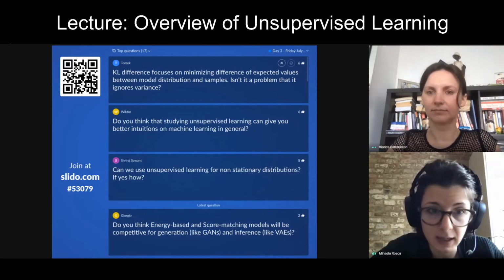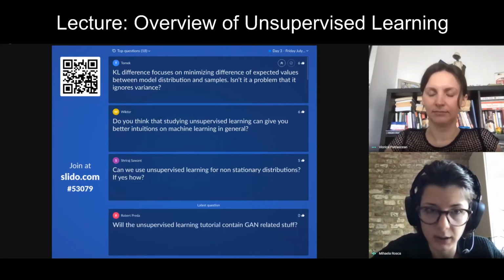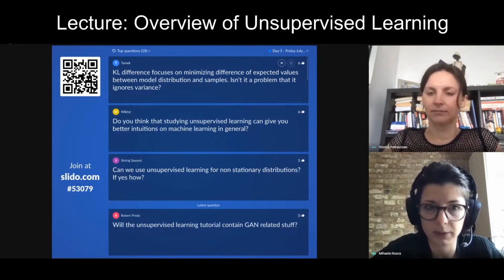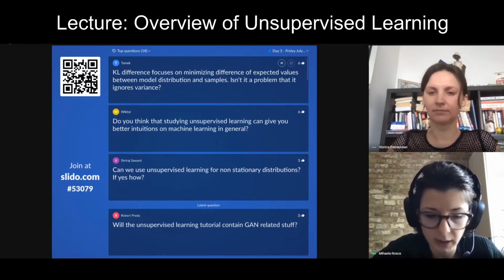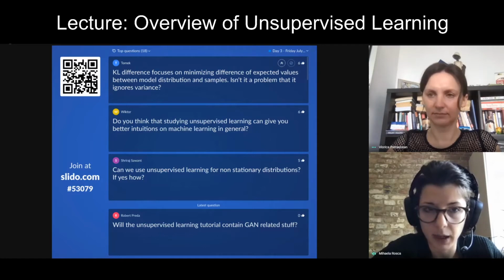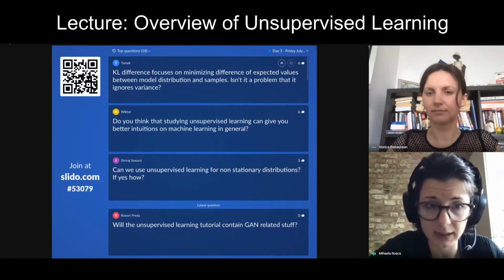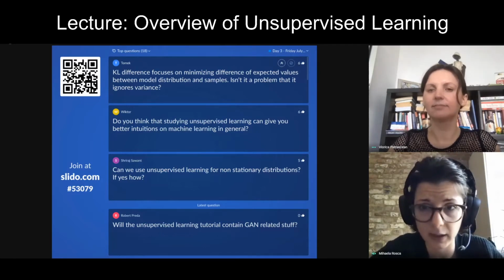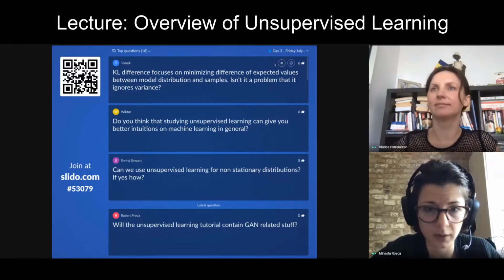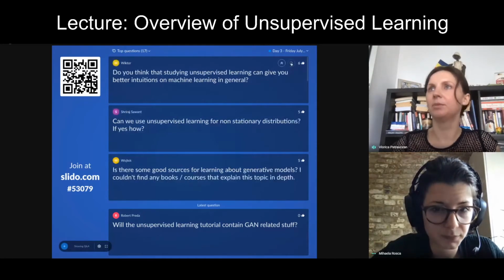I wouldn't say that the KL divergence generally ignores variance. For example, we saw the case of the Gaussian distribution and the bimodal data, but maybe I'm not understanding the question, and I'm happy to take this offline just to make sure that we can answer this right. Maybe just one more.